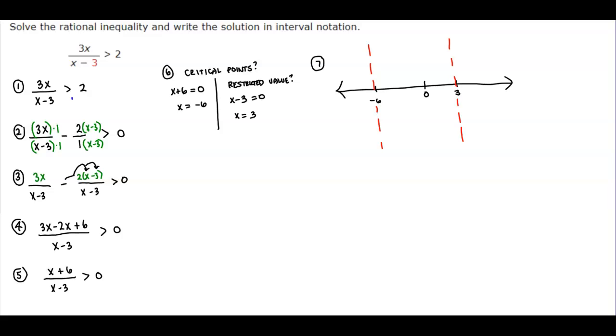If you take a look at the inequality, it is greater than, it's not a greater than or equal to, so we're going to have parentheses at each particular interval. So we're going to go from negative infinity to negative 6 with a parenthesis, and then from negative 6 to positive 3, and then from 3 to positive infinity.